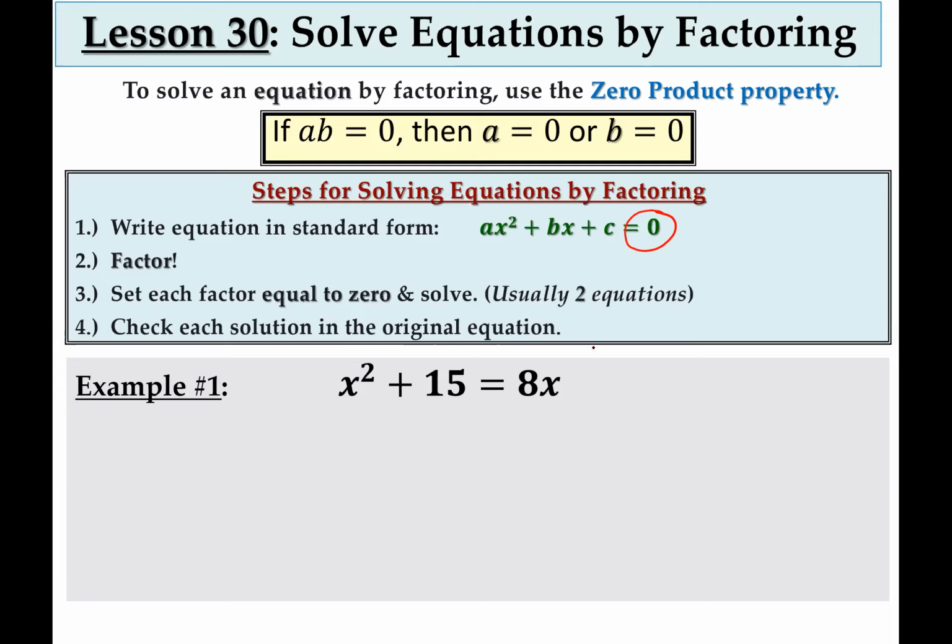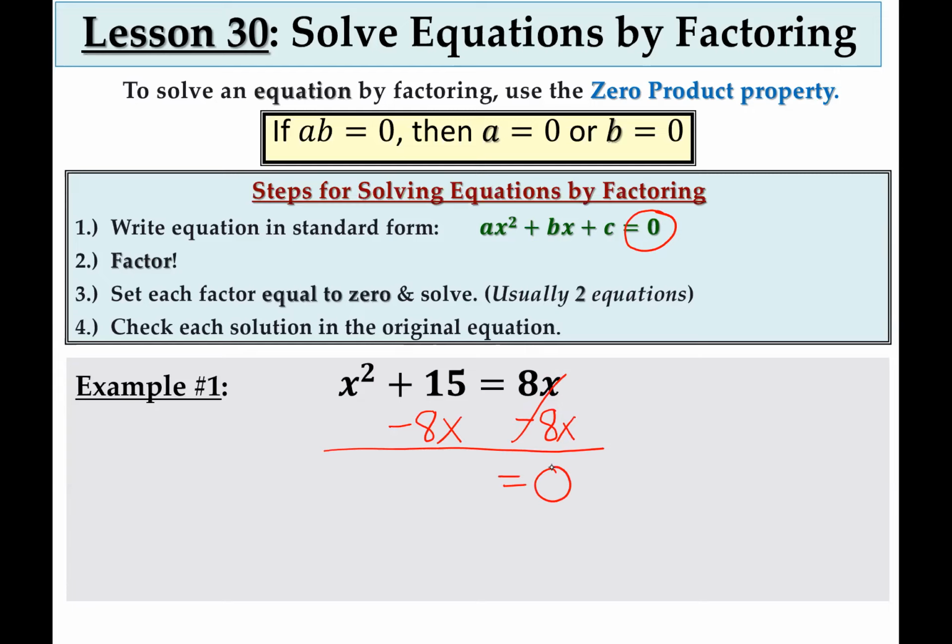So let's get all our variables and all our terms on the left. What we really need to move is this 8x. So I'm going to subtract 8x on both sides of the equation. I'm writing minus 8x on both sides. 8x minus 8x is 0. So we have 0 on the right side.